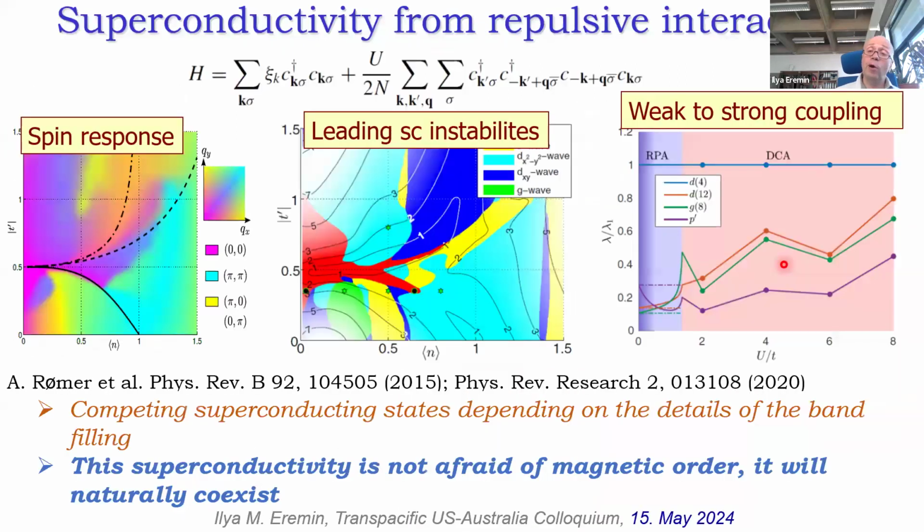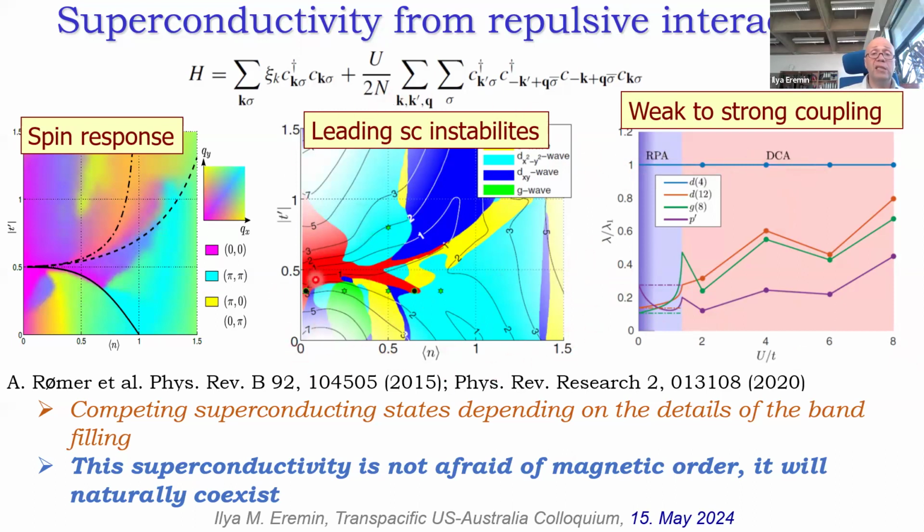What is surprising is that they always get d-wave symmetry as the dominant instability near n equals 1. So what we did in the relatively recent past is that we started to combine our efforts with dynamical cluster approximation and with Kohn-Luttinger and RPA. So you can relatively easily map out the symmetries of the superconducting gap.